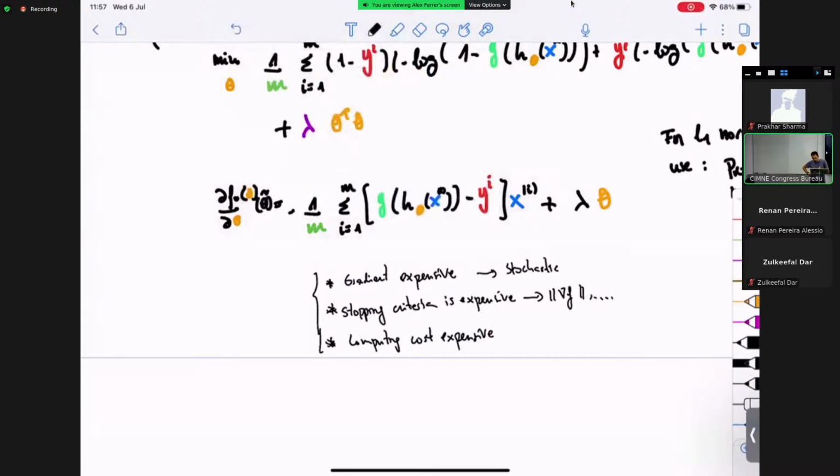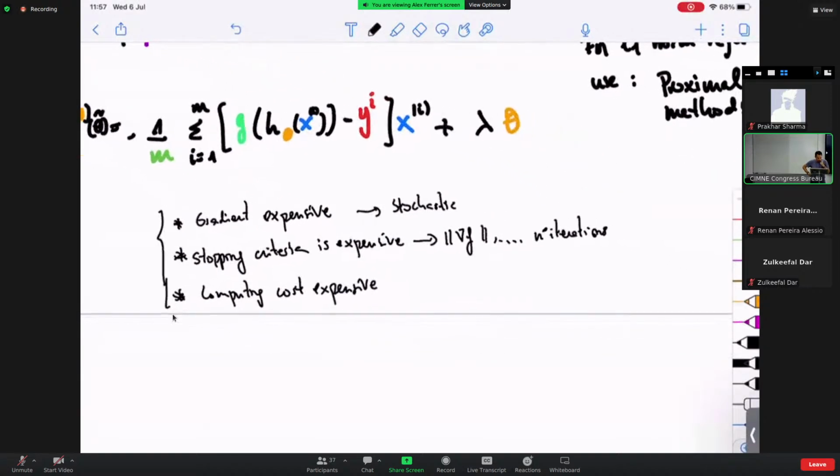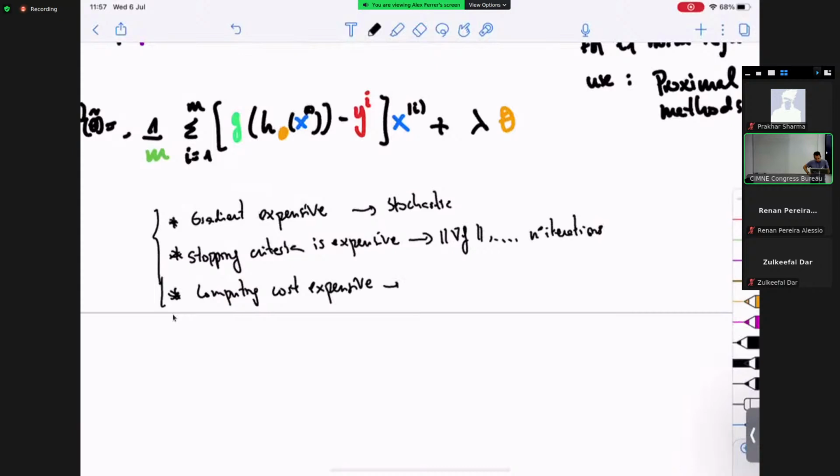One example would be the number of iterations. Sometimes, if the problem is convex, you can see how far you are from the dual, and then you know the lower bound. And computing the cost is also expensive, so sometimes we don't compute it.